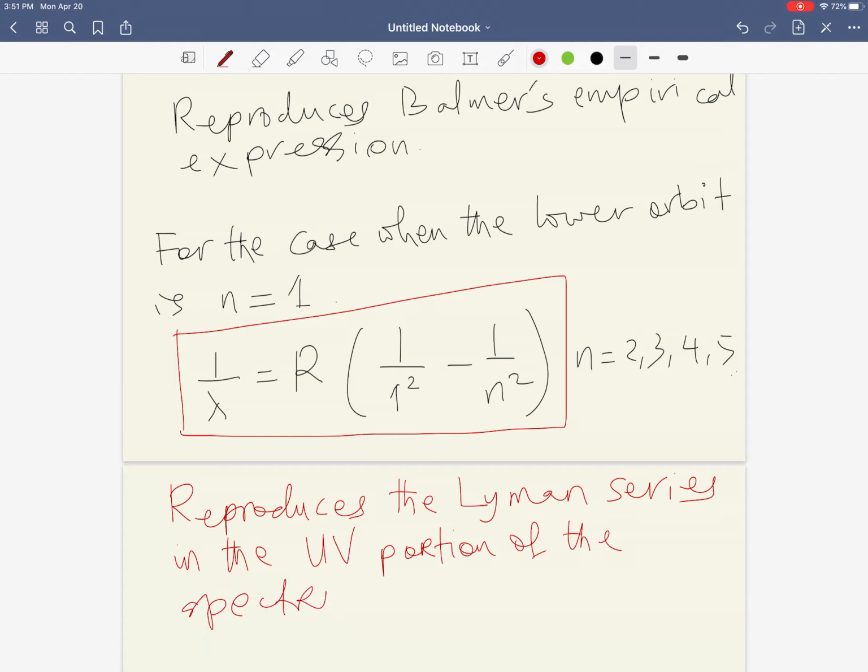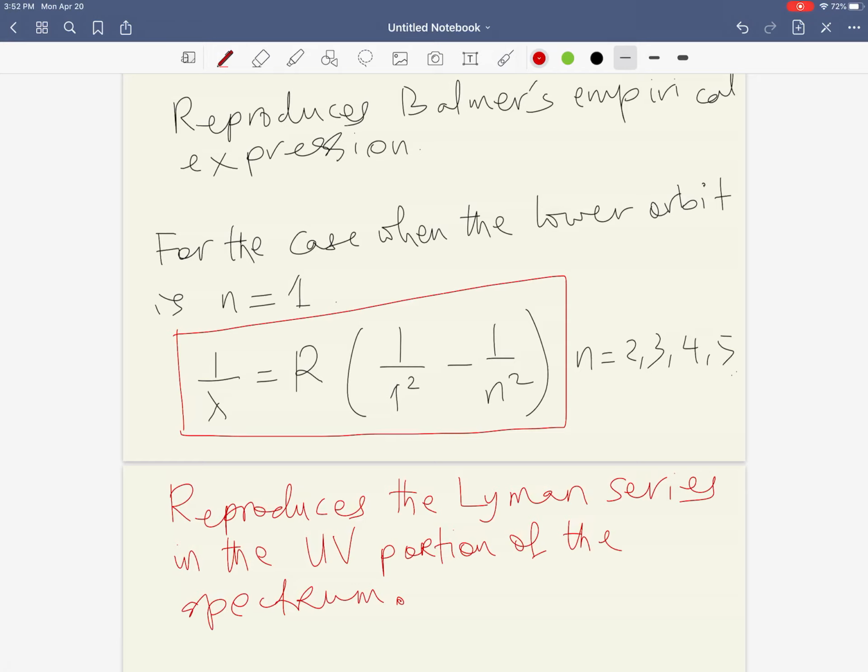So once again, this is another very important success of the Bohr model. Then, of course, there's the Paschen set of lines in the infrared portion, but I think this is just enough discussion for the Bohr model.